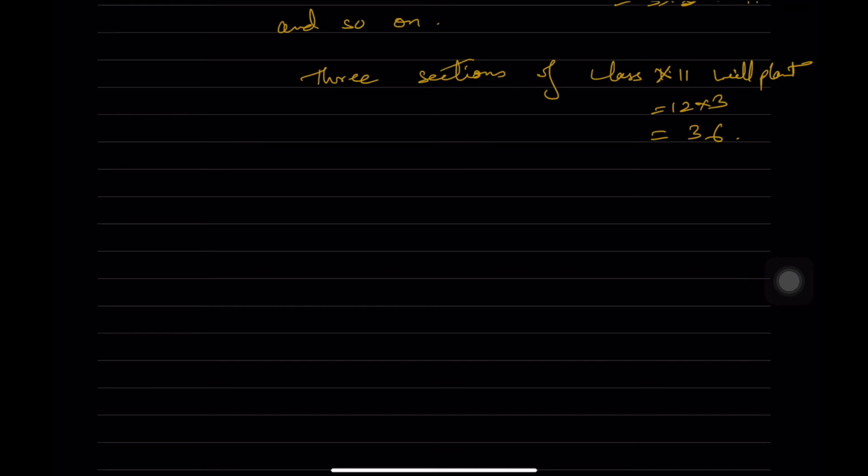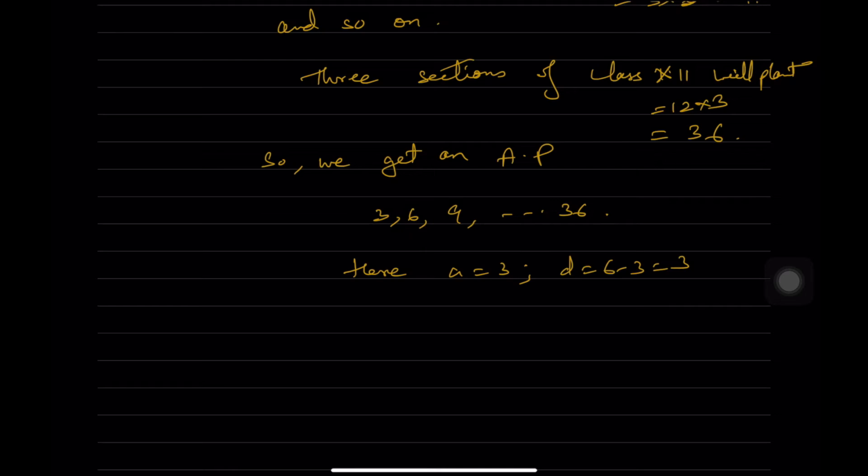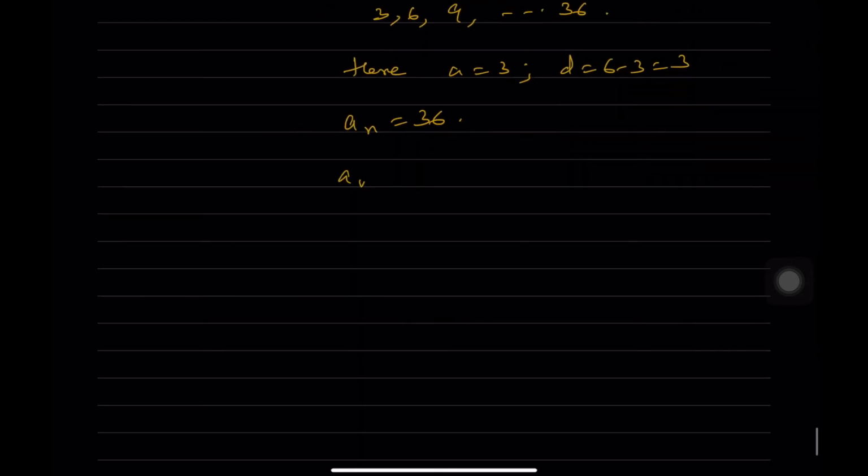So we get an AP over here: 3, 6, 9, and so on up till 36. Here we have A is equal to 3, the first term, D is equal to 6 minus 3, which is 3. Then we also have that AN is equal to 36. So we know that AN is equal to A plus N minus 1 into D, which implies that 36 is equal to 3 plus N minus 1 into 3.